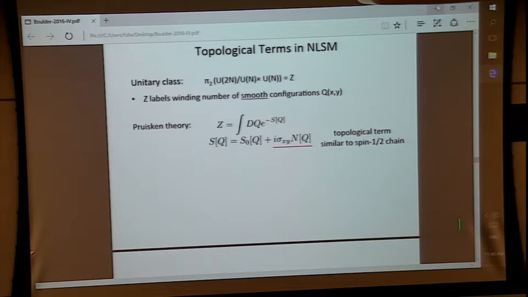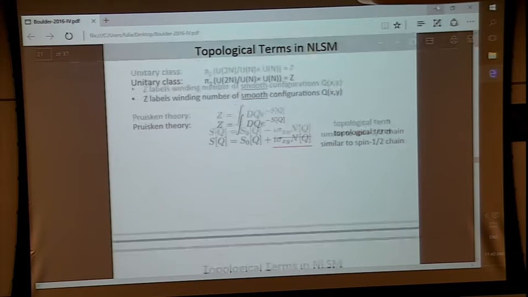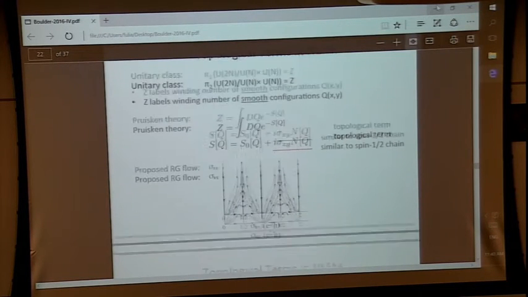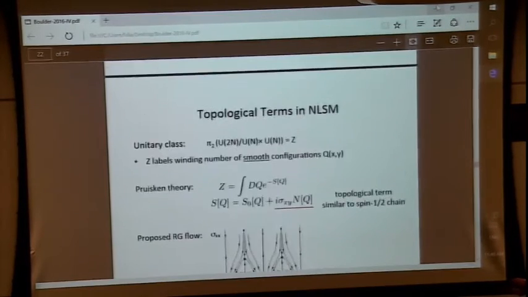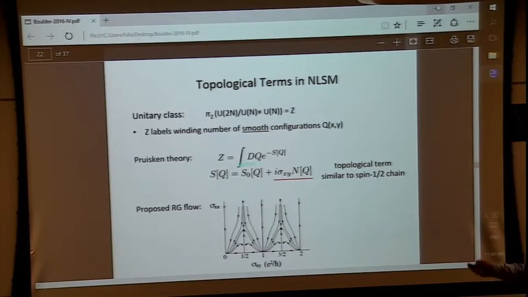And actually, you may have heard in this school, a very similar case arises if we want to describe, for example, a spin 1/2 chain, right? In this Pruskin theory, there are really two coefficients.